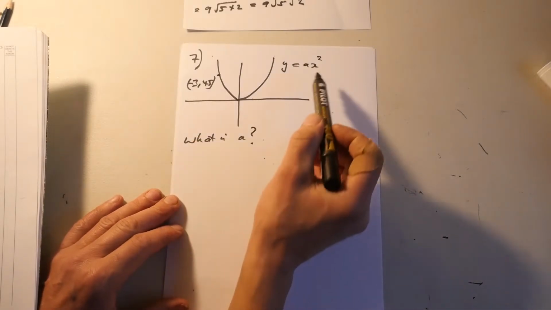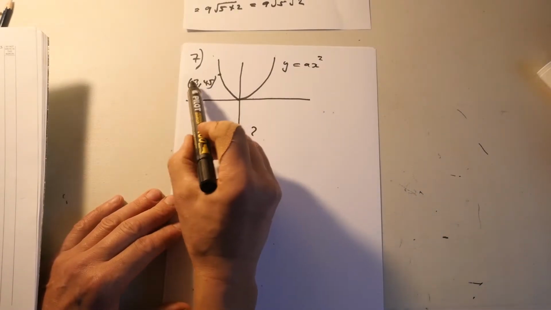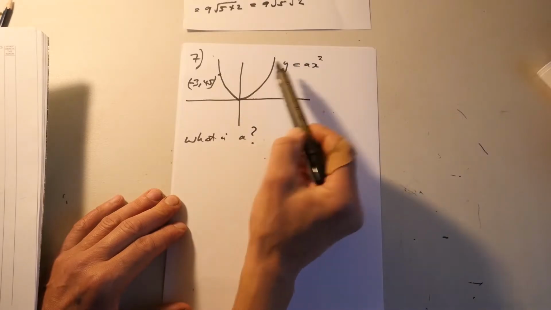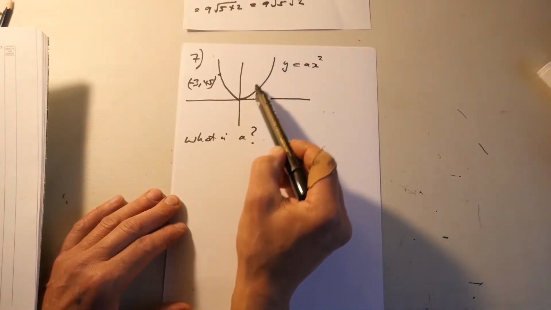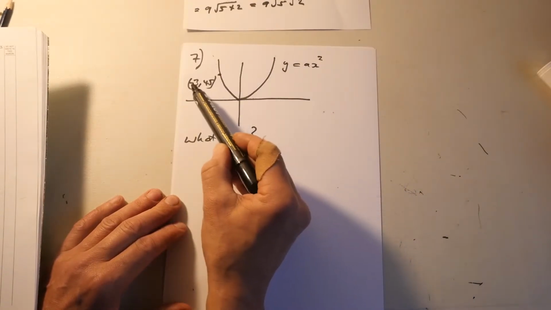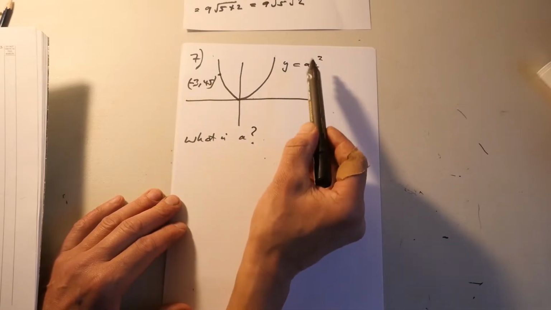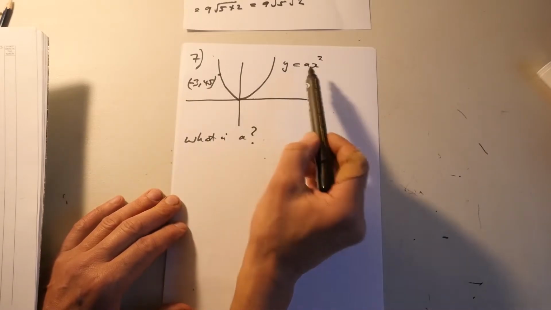So the way you do this is you use these values here because this equation is true for this parabola. So this point on it satisfies the equation.